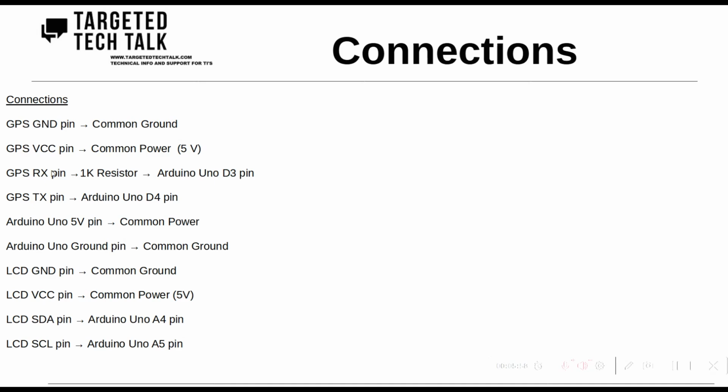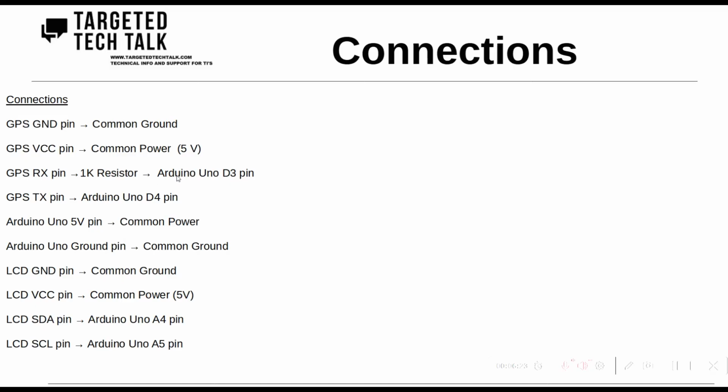So this RX pin, we put in a 1K resistor, so 1,000 ohms, just to damp that down a little bit because that pin cannot handle the full 5. So that puts in a little bit of a voltage drop there, and then that pin handles it well and can work normally.